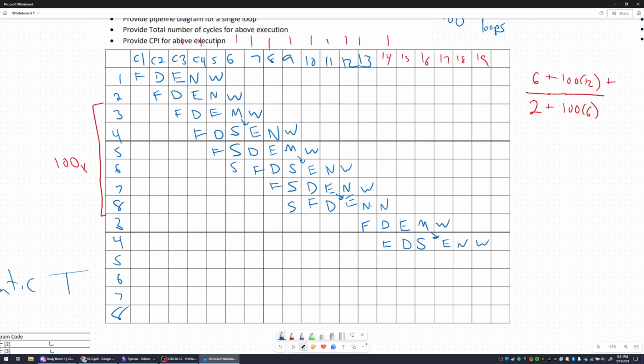Cycle 13 and 14 overlaps. Oh, I see. So from here, you're saying? Because there's 2 cycles here, but it overlaps with these over here. Oh, that's going to be so annoying. I'm definitely going to mess that up on the test. And then where are the last 2 cycles coming from? Because there's no overlap at the end over here.